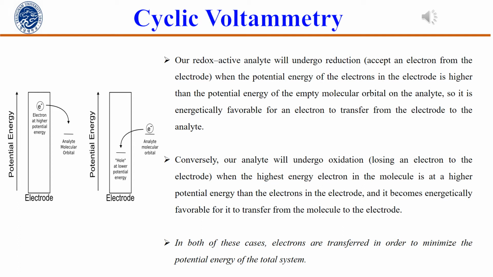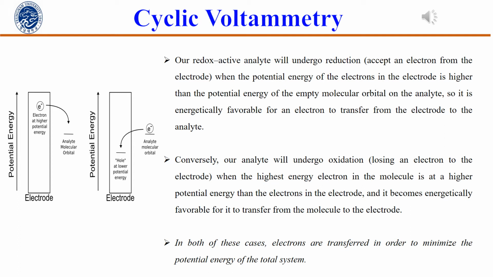So whenever the analyte undergoes reduction, that means when it accepts an electron from the electrode, the condition is that the potential energy of the electrons in the electrode is higher than the potential energy of the empty molecular orbital on the analyte.